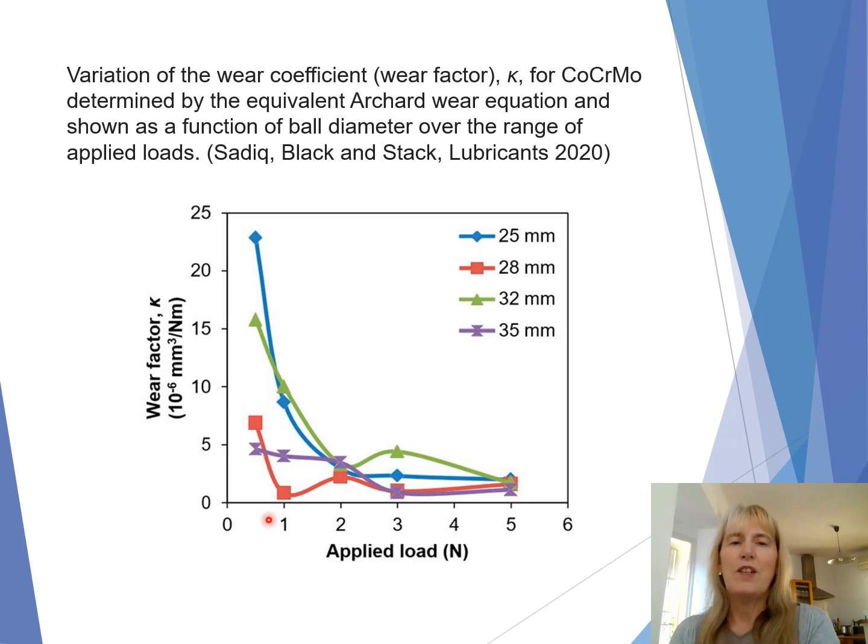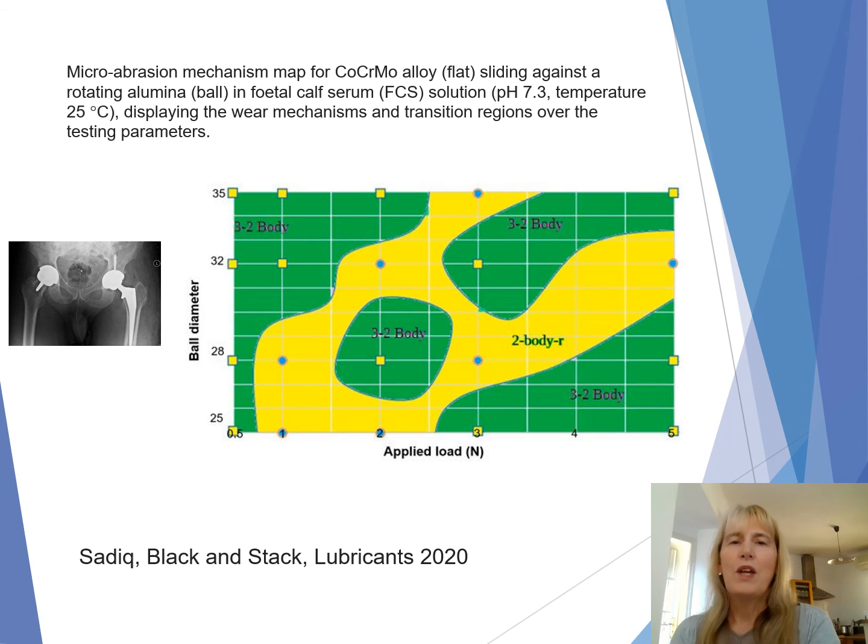Now, if we look at the K values, what we found was that the K values tended to reduce as we increase the applied load. In terms of the maps that we generated, the different regimes of wear which we had identified in an earlier paper can change depending on the head diameter and the applied load.